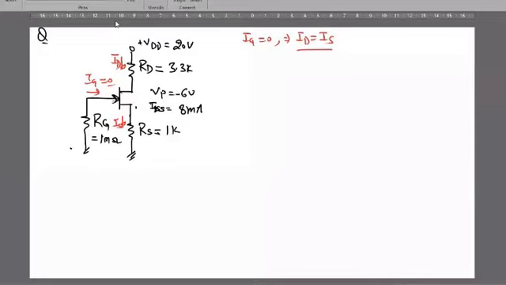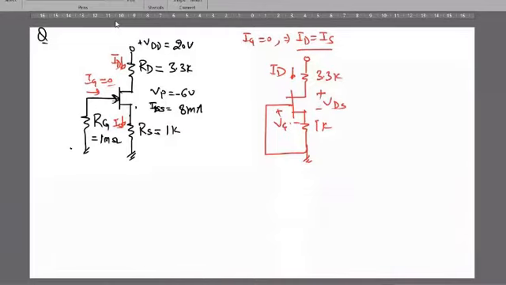If there is no current, we can make some equivalent circuit for this transistor, and this resistance will be short circuit because there is no current in this branch. So this becomes 1 kilo ohm, this is 3.3 kilo ohm, and this resistance will have no significance because IG equals 0. This is ID, and this is plus minus VDS, this is plus minus VGS, and this is VS.